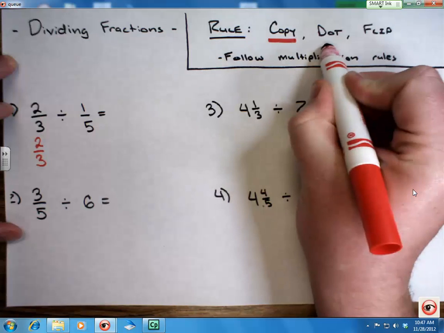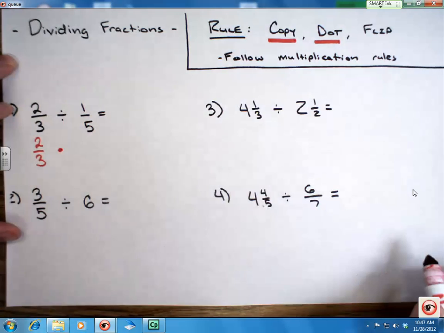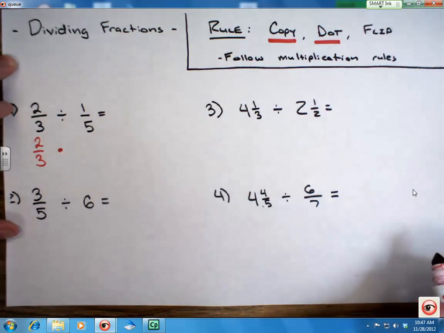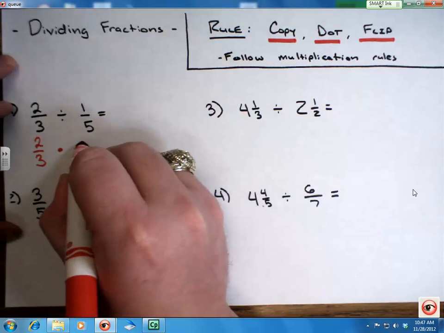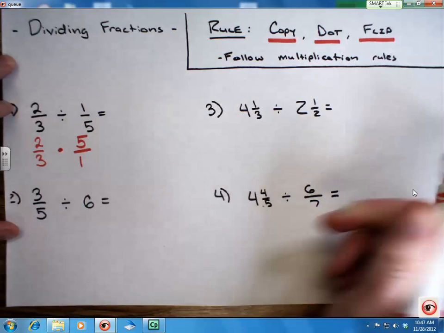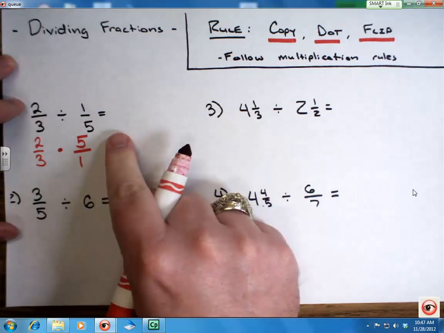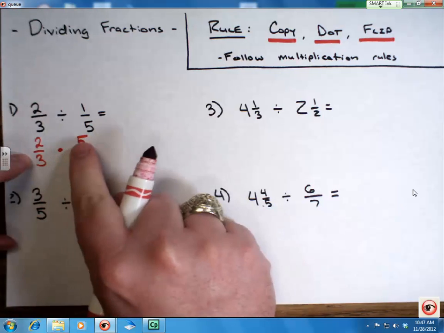We're going to change my division sign to a dot, which means multiplication. Then we're going to flip the fraction right behind that sign. So on number 1, instead of 2/3 divided by 1/5, it's going to be 2/3 times 5 over 1.